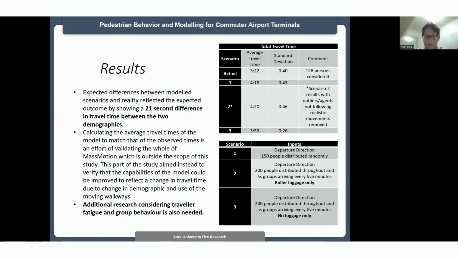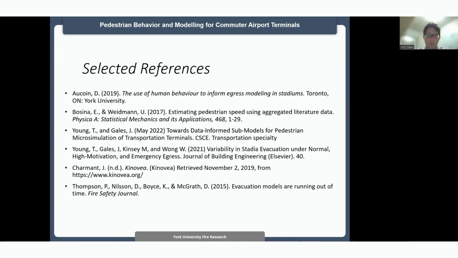It is going to require a little bit more repetition of other studies. However, studying airports in general is very difficult, and getting access to them is also very difficult. So it's a really good first step, but there still needs to be a lot more consideration into the work.